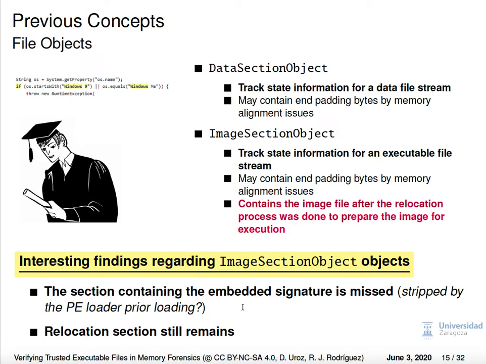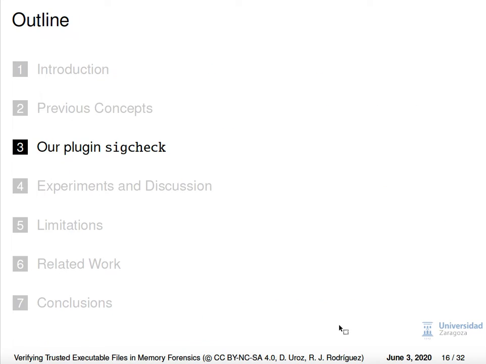This may happen because the Windows loader knows that it has already checked the signature, so it does not need it anymore. However, we found that the relocation section still remains, which is a little bit curious.